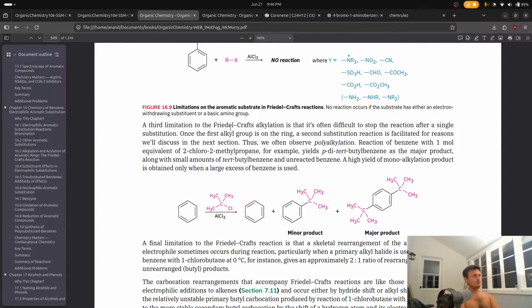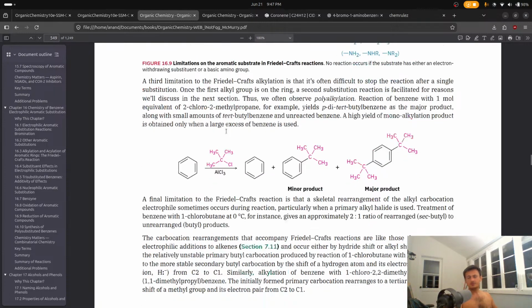Reaction of benzene with 1 mole equivalent of 2-chloro-2-methylpropane, for example, yields p-di-tert-butylbenzene as the major product, along with small amounts of tert-butylbenzene and unreacted benzene. A high yield of monoalkylation product is obtained only when a large excess of benzene is used.